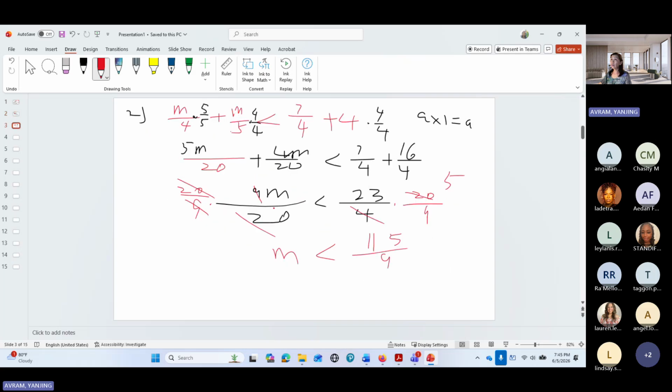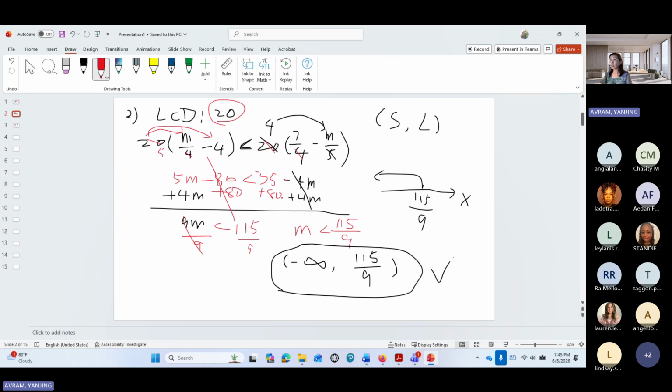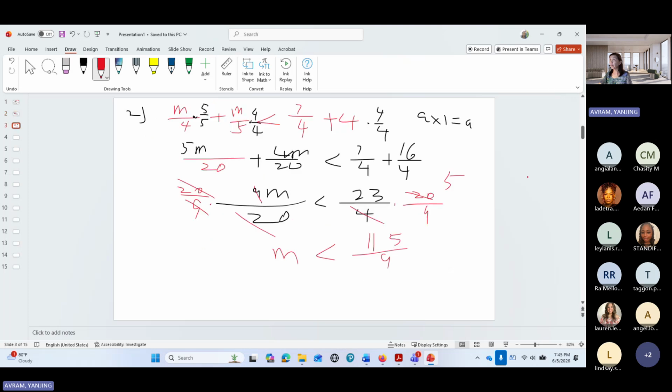So the second one here, you have to find an LCD on both sides, and then you have to multiply by the reciprocal in order to solve for m. So either way will work, but in my personal opinion, the first way would be a little bit easier. What do you think?